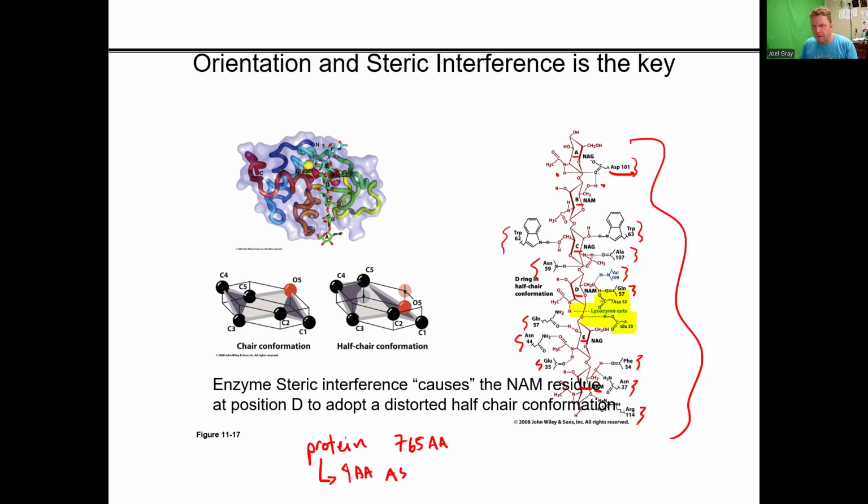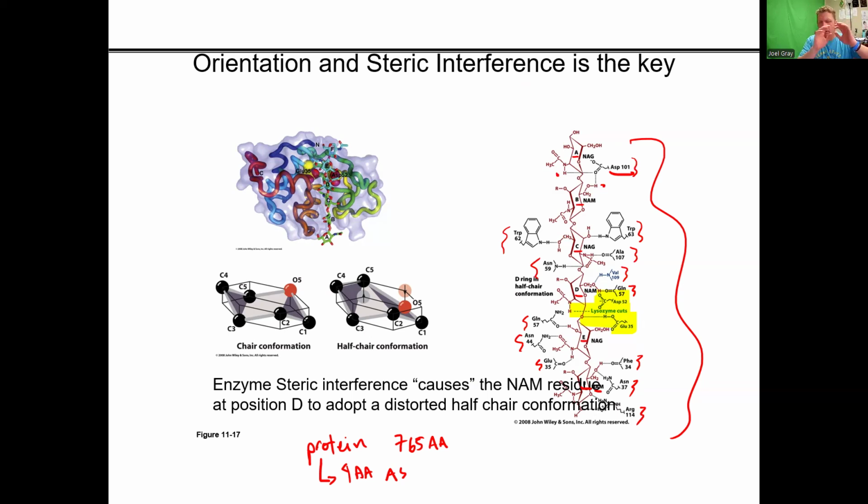So it has to have sugar number 1, sugar number 2, 3, 4, 5, and 6, and so on. It might be 300 sugars long. But the very first one is going to be NAG. The next is NAM, NAG, NAM. It's a pattern: NAG NAM, NAG NAM, over and over and over again.